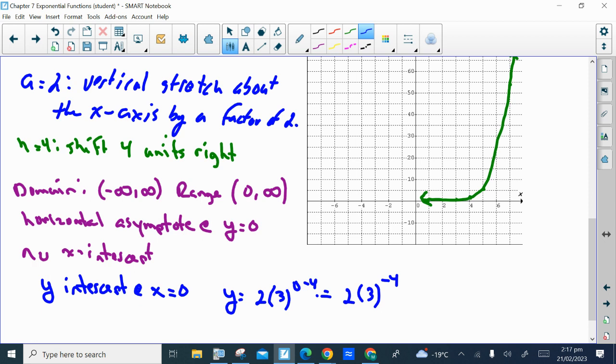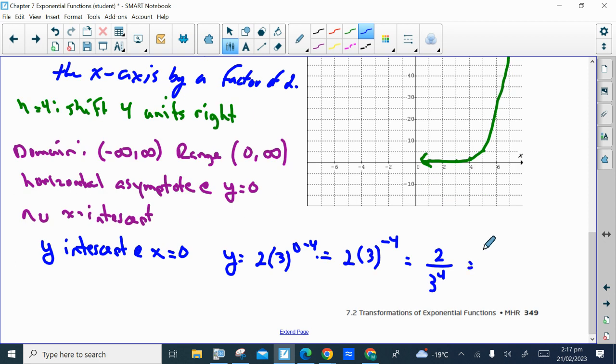That power negative 4 applies to the 3 only, so when you move it to the bottom, only the 3 moves, and that'll change the exponent sign to positive 4. And 3 to the 4th is 81. So there is the y-intercept. If we want to write it as a coordinate, it'll be (0, 2/81).